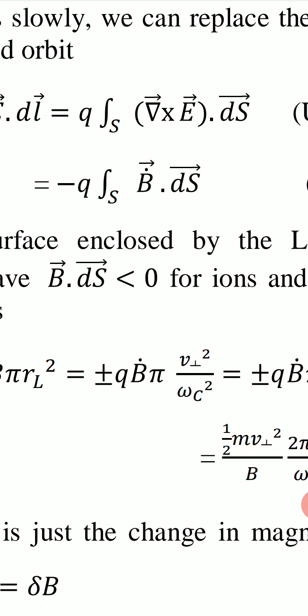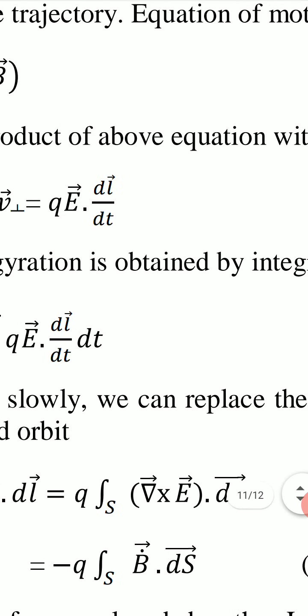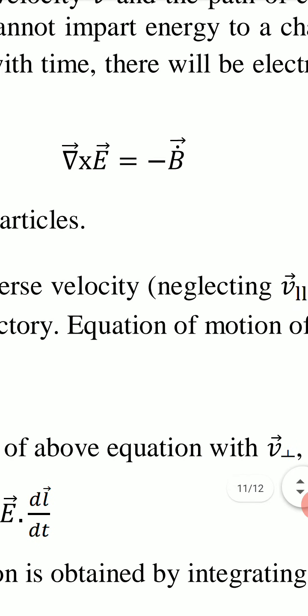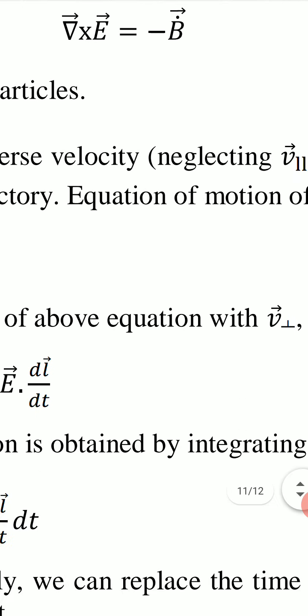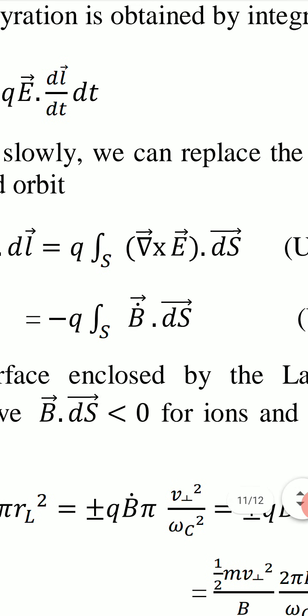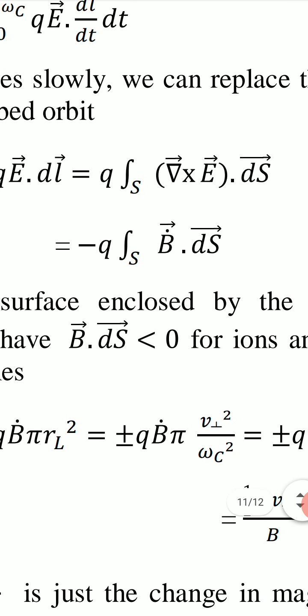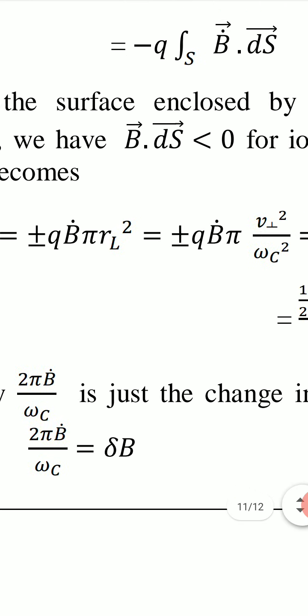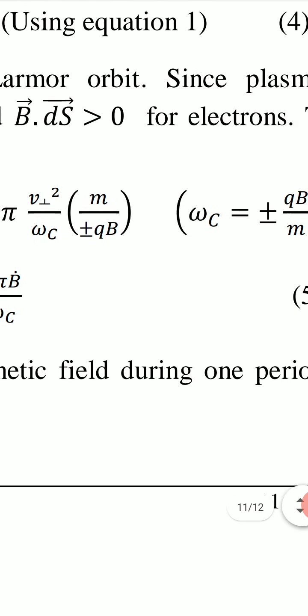Here we use the relation del cross E equal to minus B dot, which is Maxwell's equation 1. Del cross E is equal to minus B dot. So this becomes minus q integral B dot ds. Here S is the surface enclosed by the Larmor orbit.